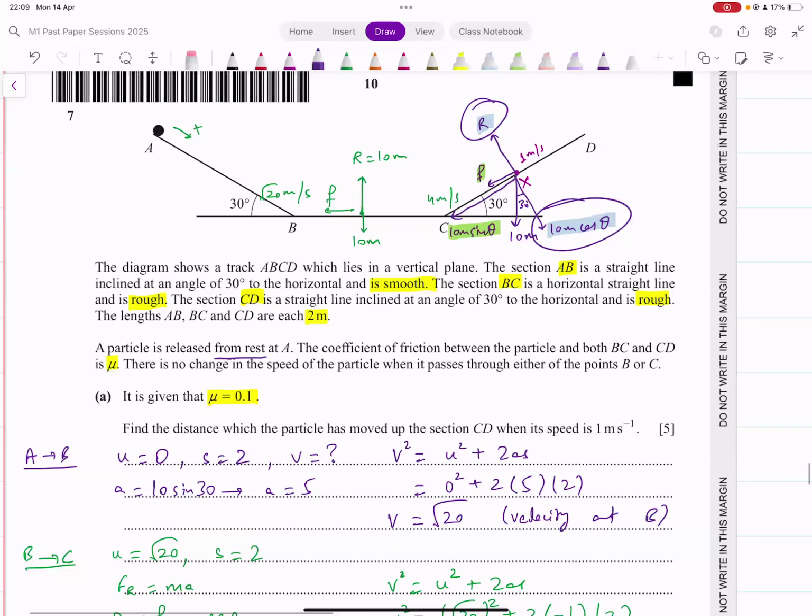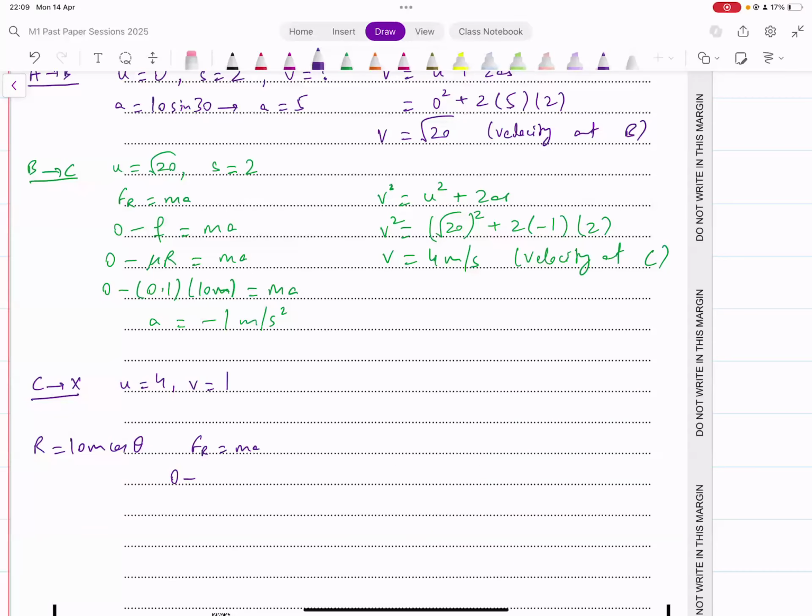Forward force is 0 minus friction and also a component of weight, 10m sine theta. That equals mass into acceleration.